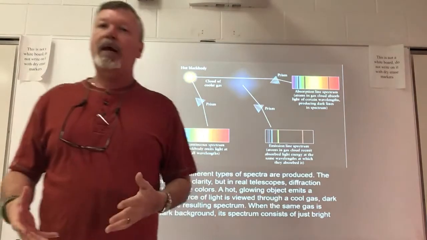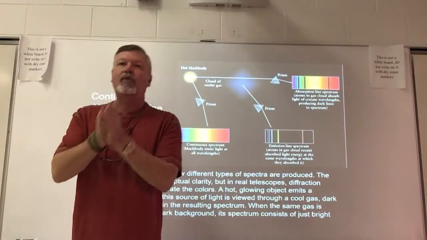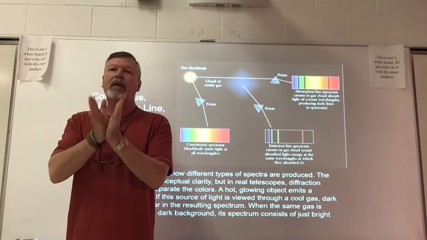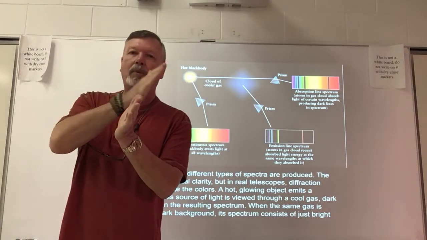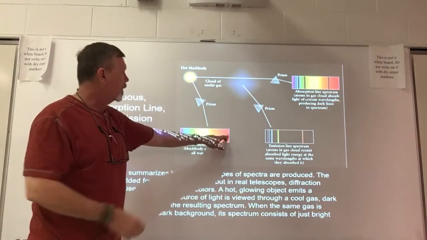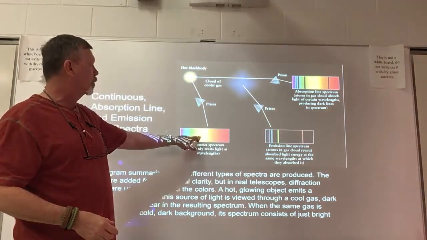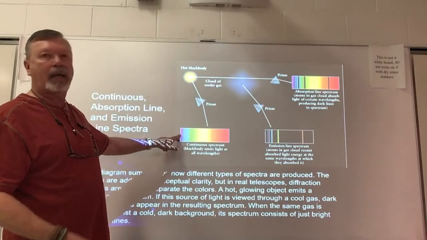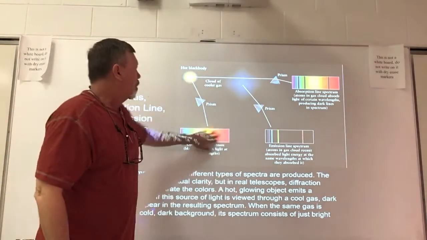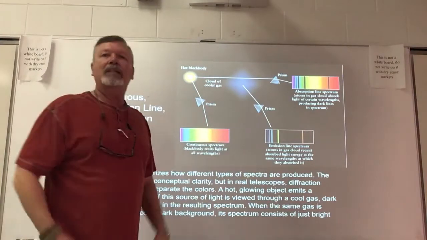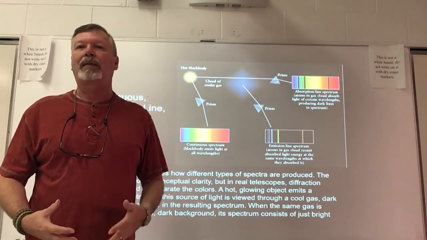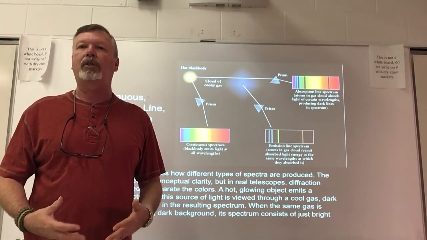What happens when you pass white light through the prism? The prism refracts the light based on frequency, and you get red, orange, yellow, green, blue, indigo, and violet. Boom! Look at that. So, what is this telling me? It's telling me my source of light is a white light source. Well, good duh.